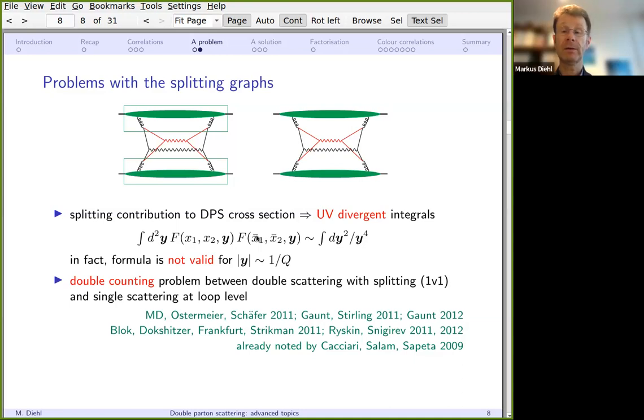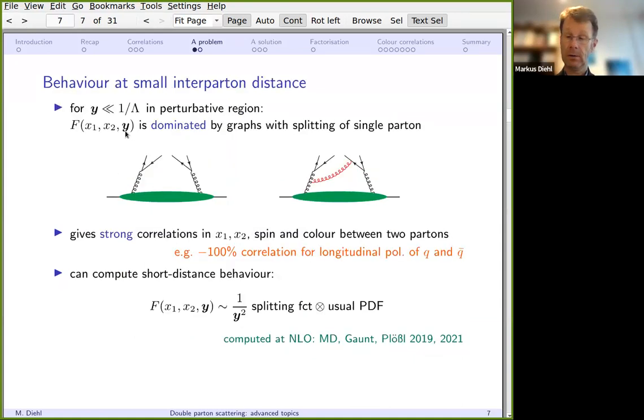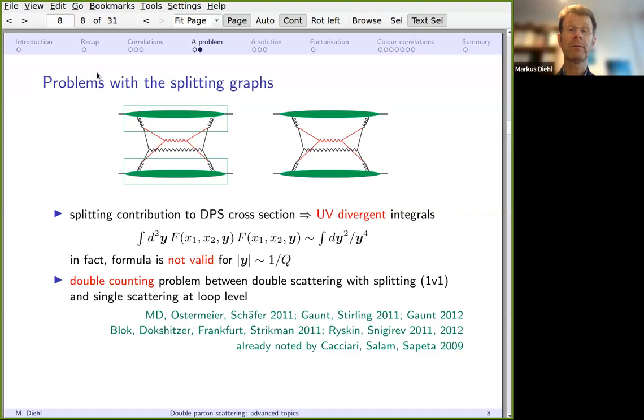And why is that? You can see that from a different point of view. This here is my graph for the double Drell-Yan process, where for each of the two DPDs, I've looked inside, taking small y, and then I have this splitting process. So I've just copied this graph here for both protons. This is now the graph for my double parton scattering at small y.